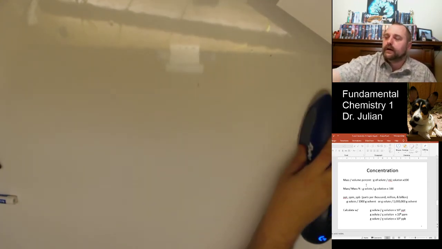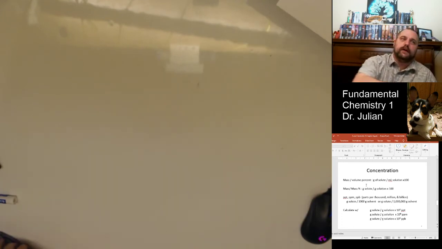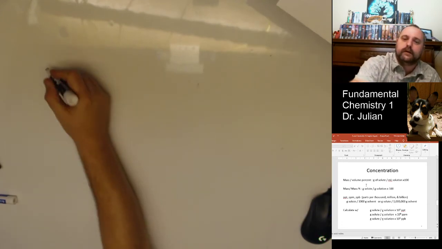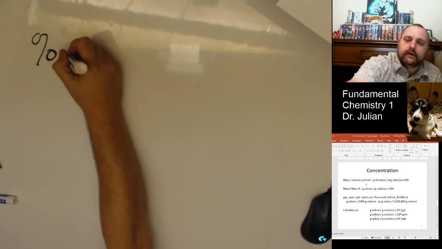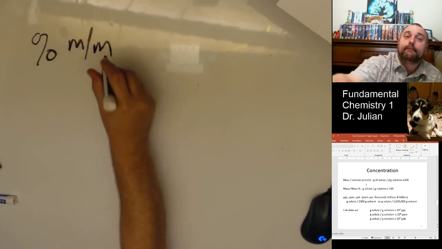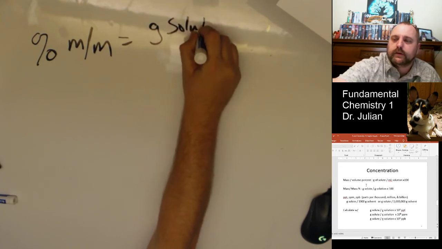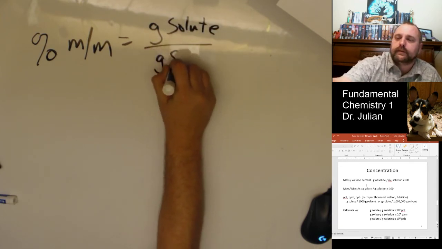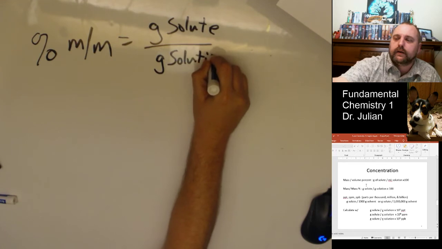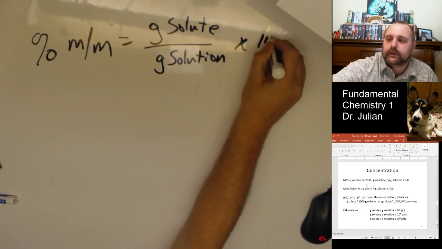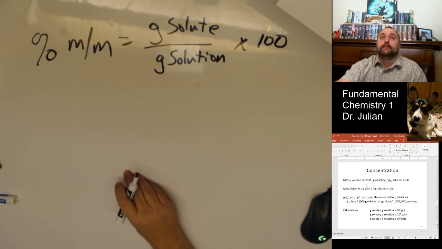Now that one's easy enough, and we use it a lot. But percent mass over mass, grams of solute over grams of solution times 100, may not be scary enough.